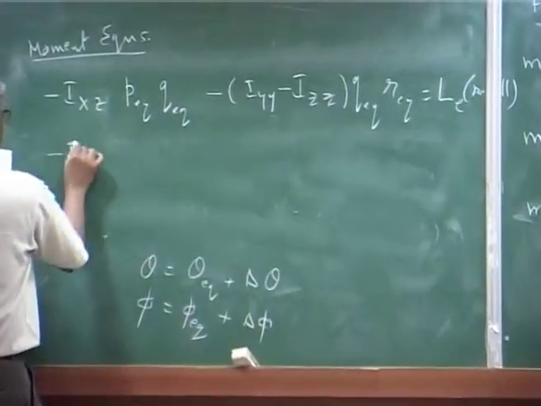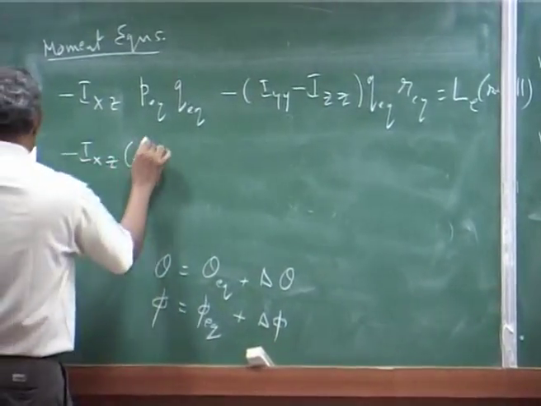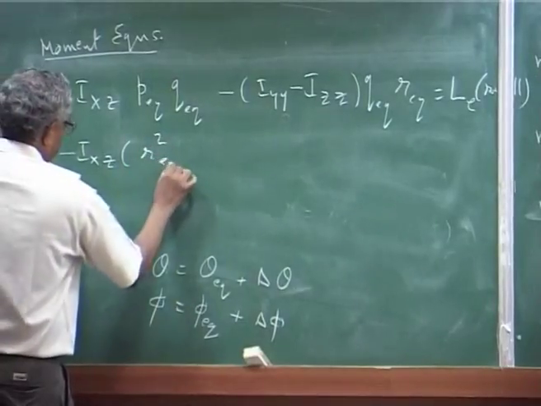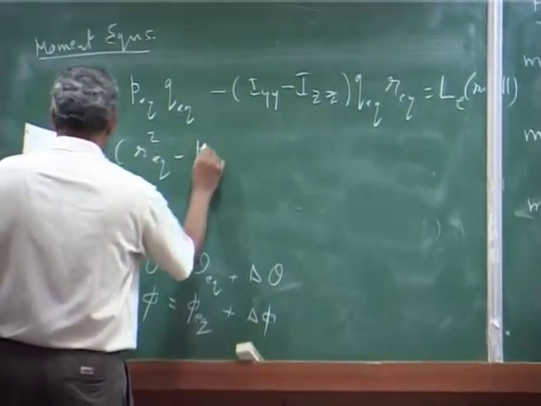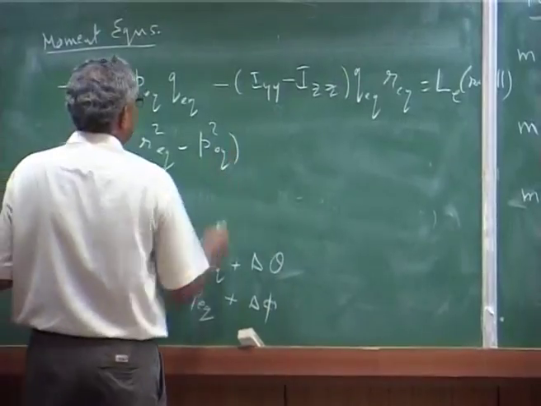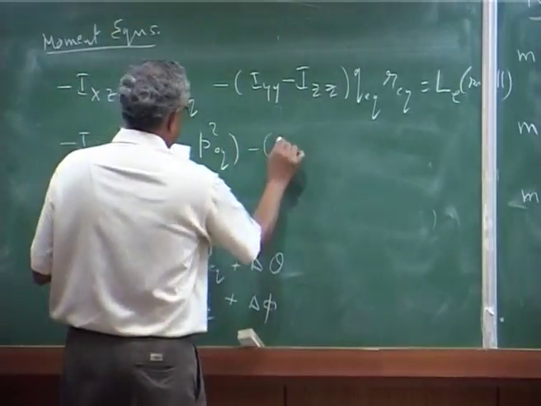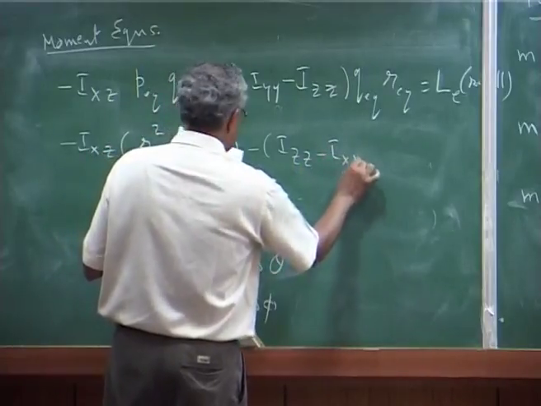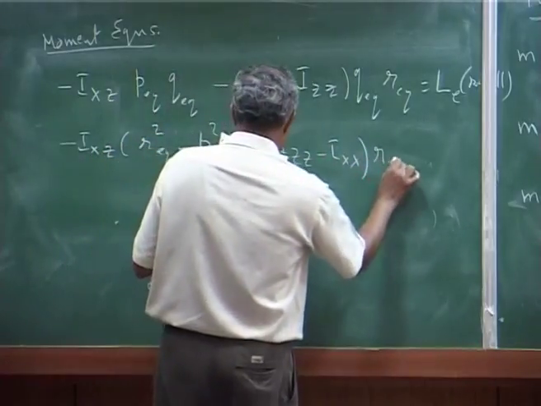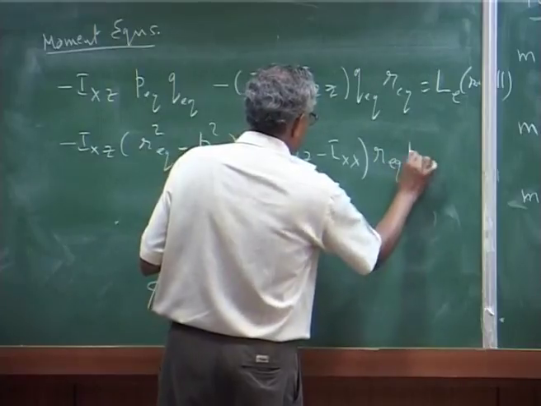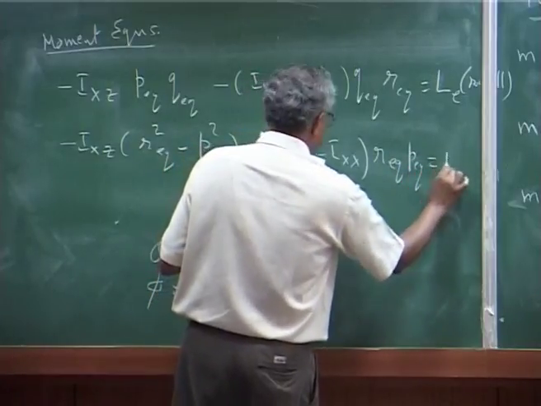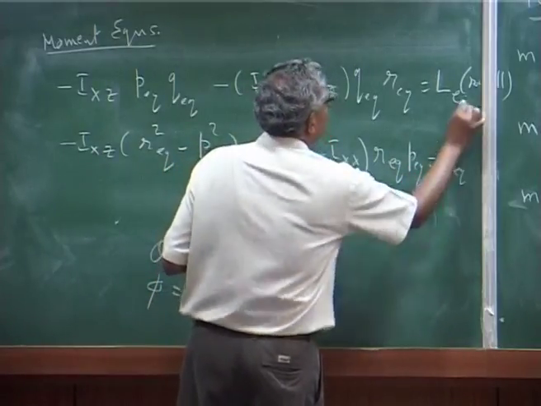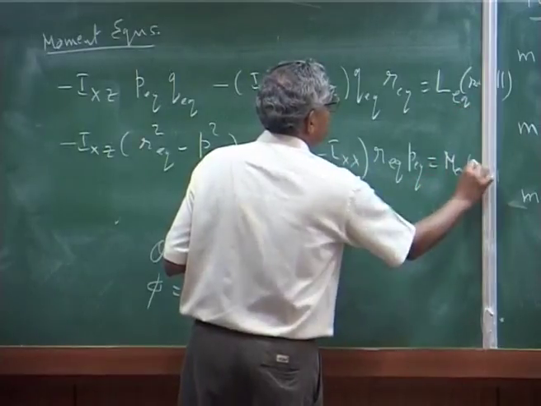Then minus I x z r square minus p square equilibrium, minus I z z minus I x x r equilibrium p equilibrium is M equilibrium, this is pitch.